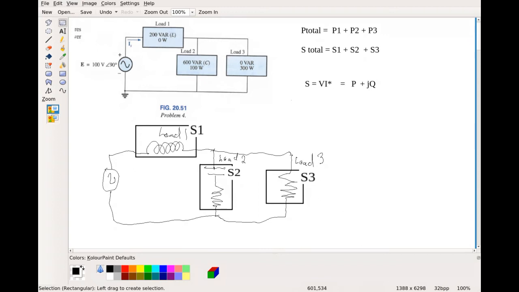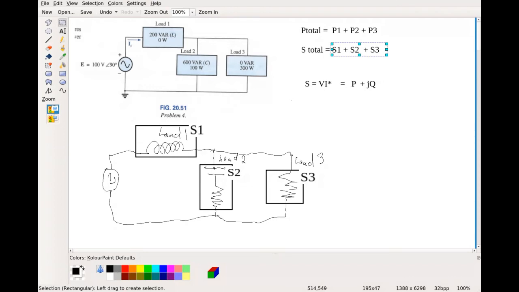So these apparent powers are just going to add up. It doesn't matter whether they were in series or parallel. It will affect your currents depending on how they're hooked up, absolutely, but the power is just how much power we're using. So you just add those together.